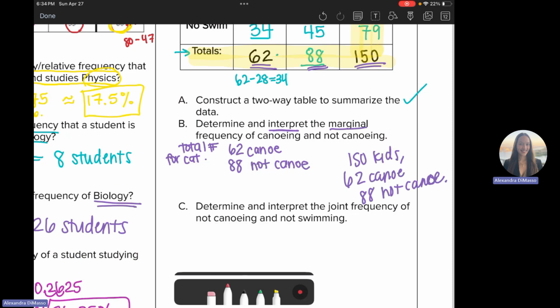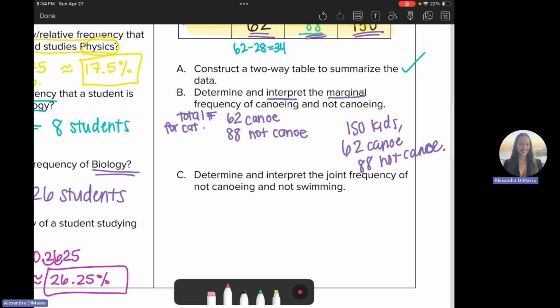Last one. Determine and interpret the joint frequency of not canoeing and not swimming. So remember, joint frequency means together, right? All in this together. So joint frequency of not canoeing and not swimming means which one satisfies both of those conditions.